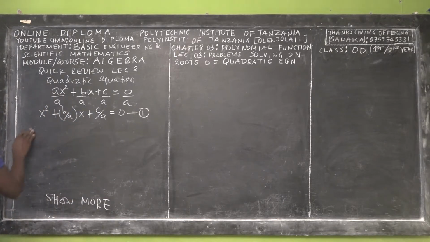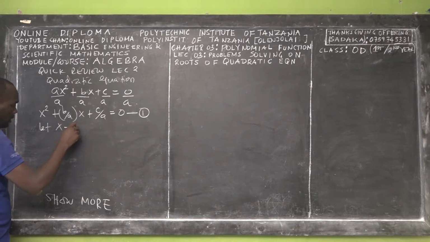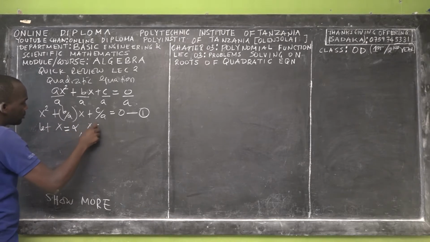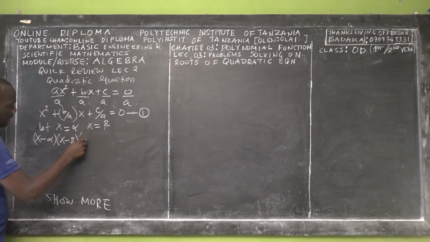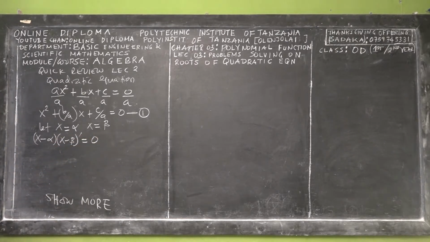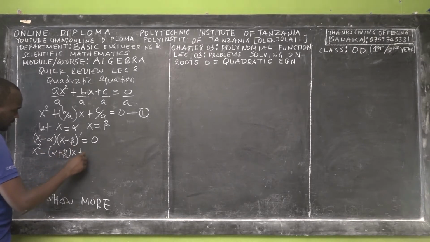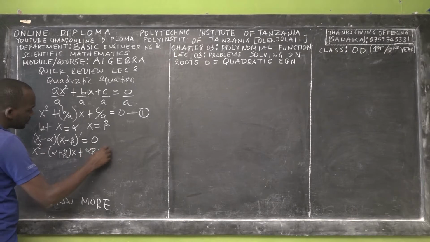And then, if you remember, let the first root be alpha and the second root be beta. So we say that x minus alpha, multiplied by x minus beta, equals 0. Multiplying x times x, we get x squared minus alpha plus beta, times x, plus alpha beta, equals 0.